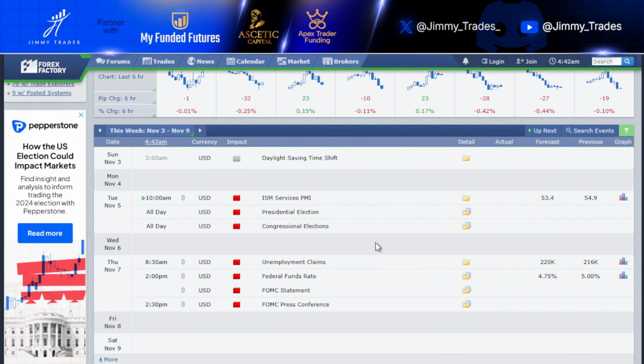So first thing to note is we've got this shift in daylight savings time for the US. So that has already shifted. What that means is now for our charts, we want to have UTC -5 as our time zone.